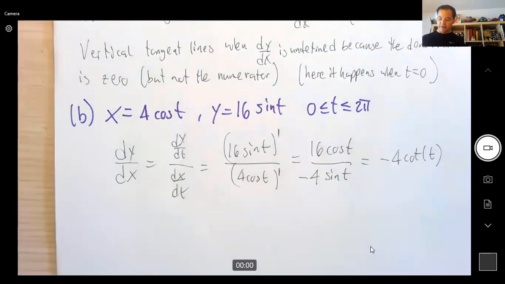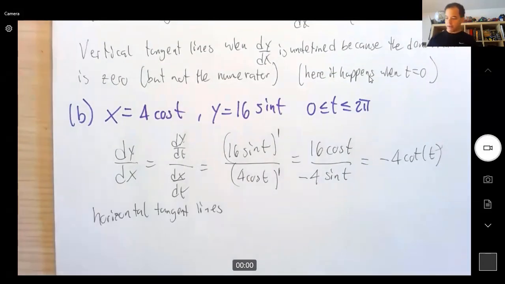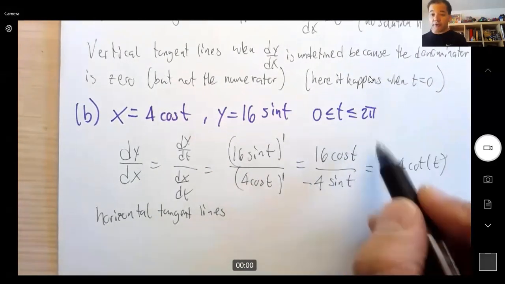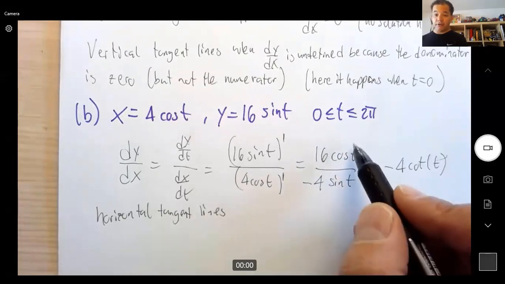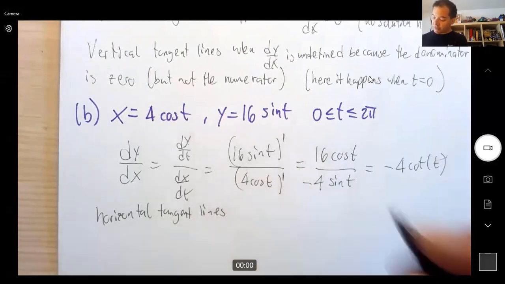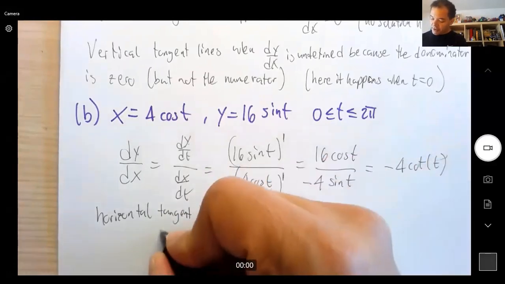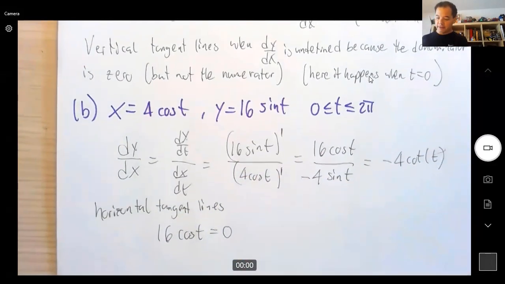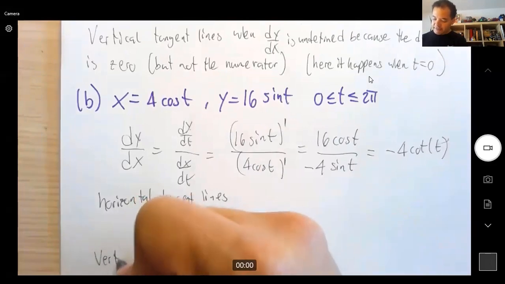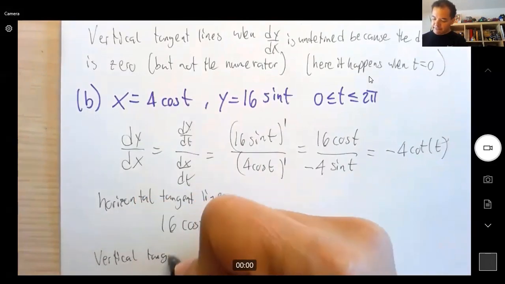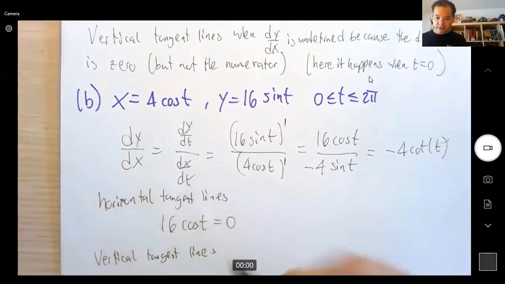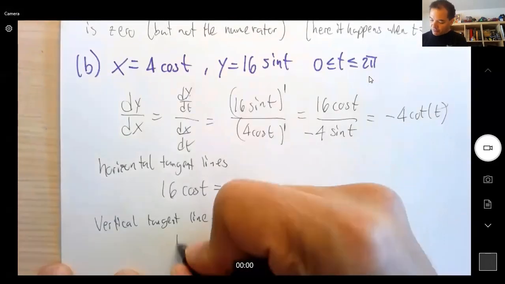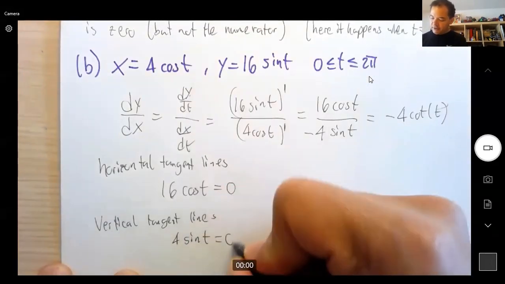And that's it. Now, what about horizontal tangent lines? Horizontal tangent lines happen when the numerator is 0 and the denominator is not. So horizontal tangent lines when 16 cosine t is 0. And vertical tangent lines when 4 sine t is 0.